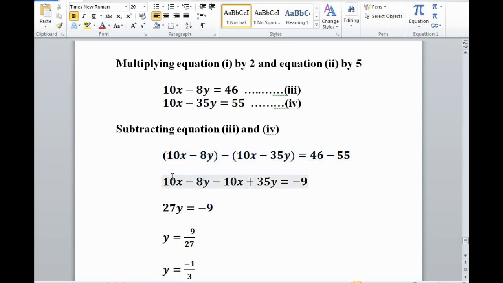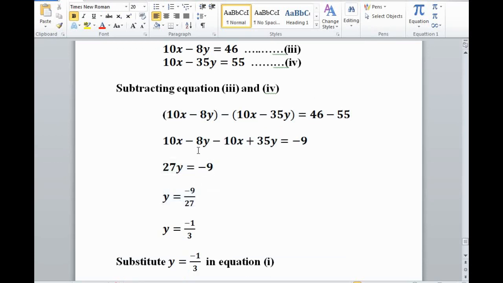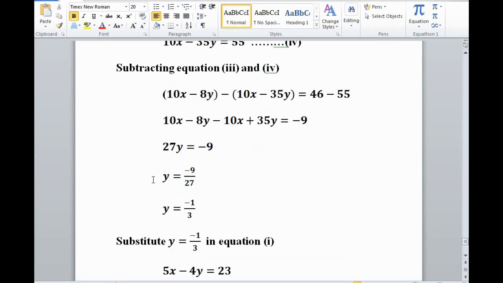Now we have some cancellation, like positive 10x and negative 10x will cancel out each other, so their difference is 0, and minus 8y plus 35y means we will subtract 8 from 35, so the difference is positive 27y equals negative 9. Now to find y, let's take this 27 from the left to the right side, or you can also divide both sides of this equation by 27 to eliminate 27 from the left hand side.